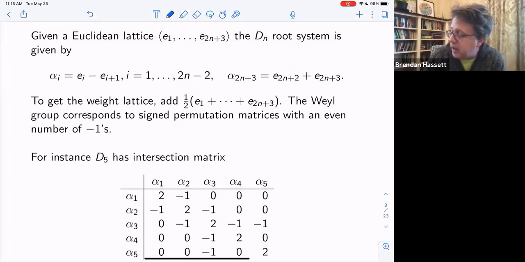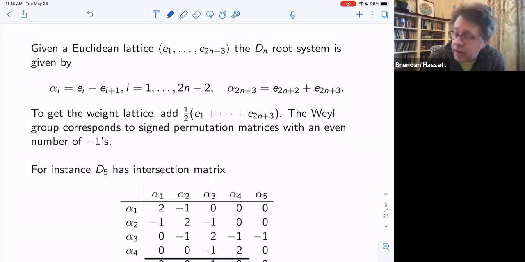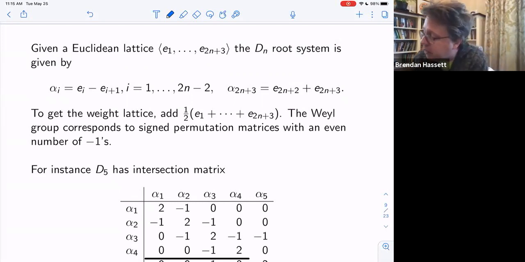In addition, I take the sum of the final two generators, and I describe pretty explicitly what the weight lattice is. And the reason why I'm getting into the details of the basis elements is to be able to describe the Weyl group in this context.